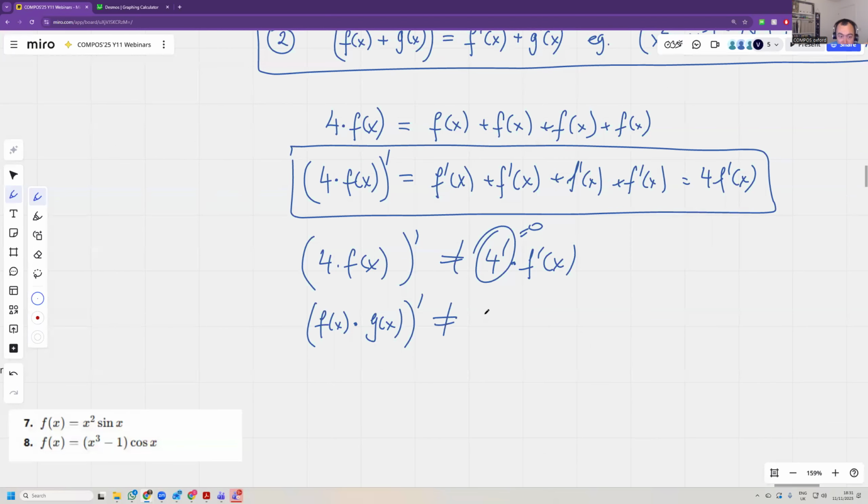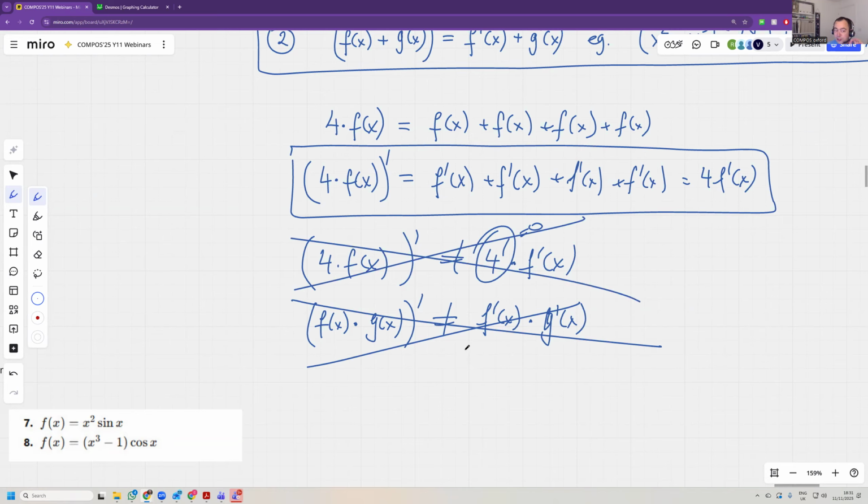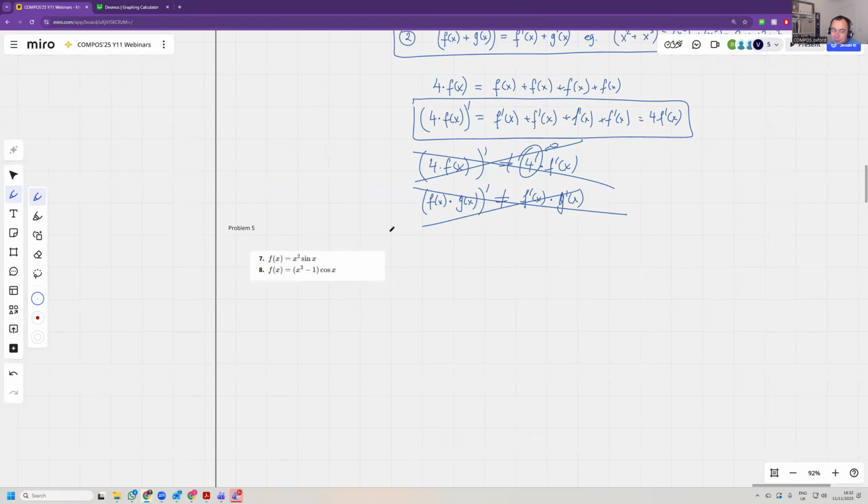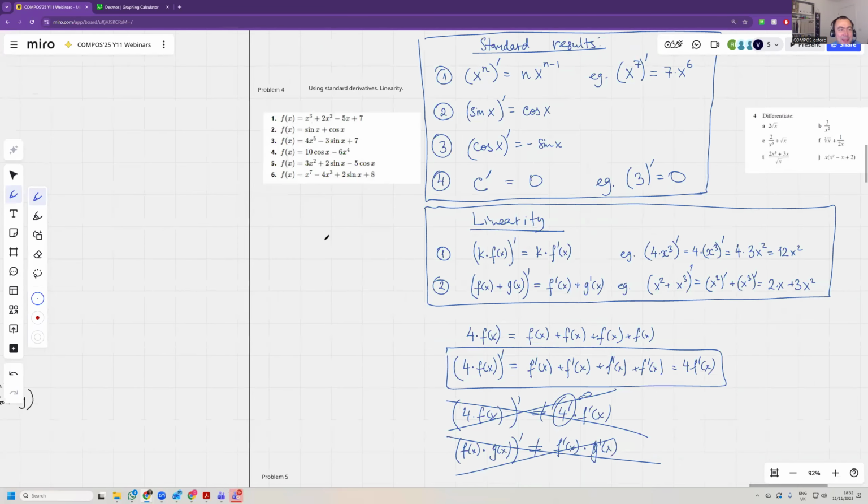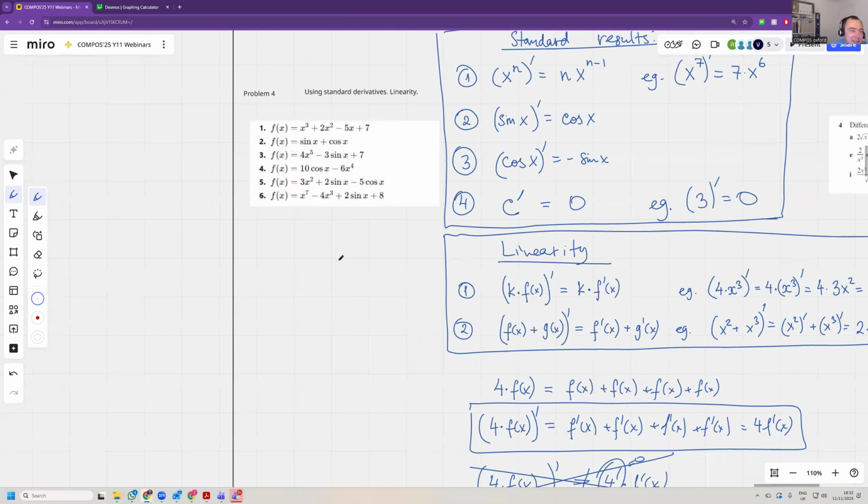It's not f dash of x times g dash of x. That's not true. It only works for sums, not for multiplication. For multiplication, if it's a constant, you can take it out. If it's not a constant, then we have to use the product rule, which we study in the next problem. So for now, let's just do these.